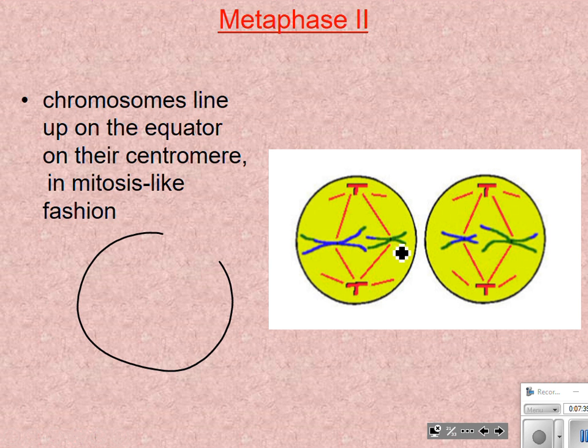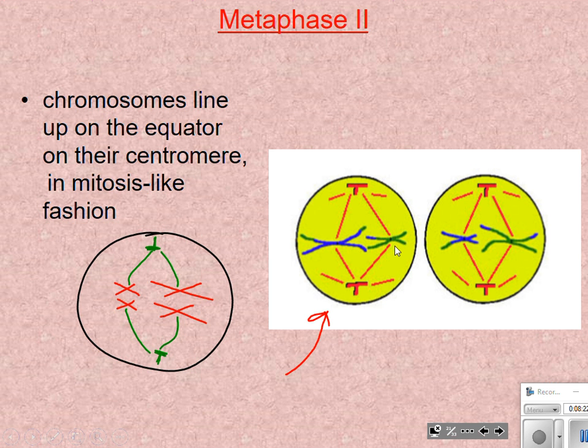If I can give you my little drawing, if you remember when we were talking about metaphase 1, we had the X's lined up in the middle as so. And we had the centrioles as so. And the spindle fibers connected and pulled the X's apart, the homologs apart. Is that what's going to be happening here?